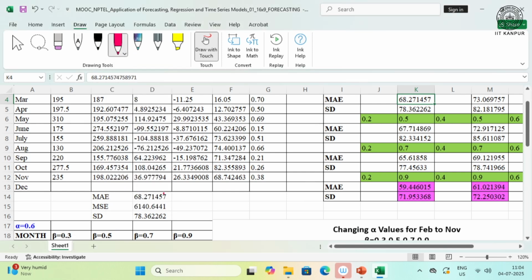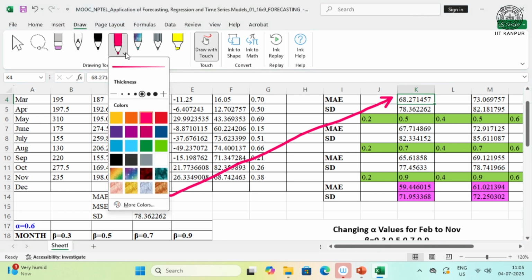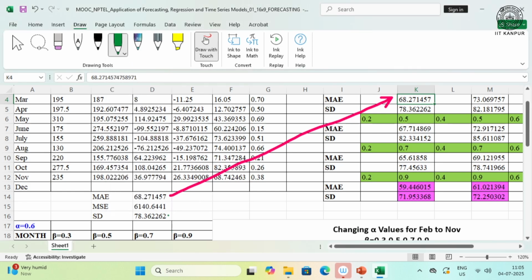So, this value goes here, and for the value I will use the green color, the standard error goes here. So, they are 68.271457 and 78.362262.